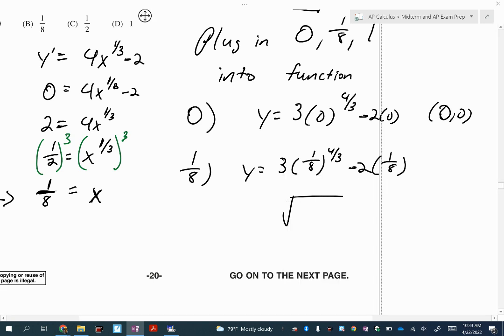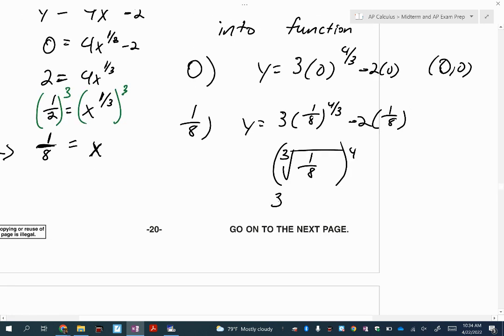The index. And so I put 1/8 under the radical, and then I raise it to the 4th power. I think we can do this because we just went backwards from this. What's the cube root of 1/8? What's the cube root of 1/2? Nice, it's 1/2. And then I want to raise it to the 4th power. So it's 1/2 times 1/2 times 1/2 times 1/2. It's 1/16.